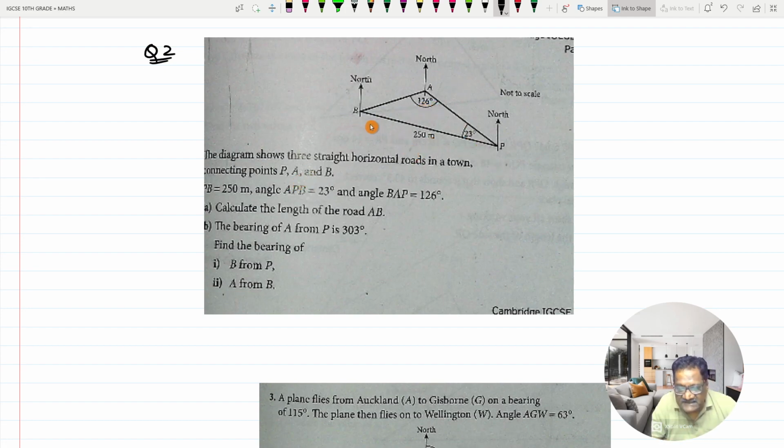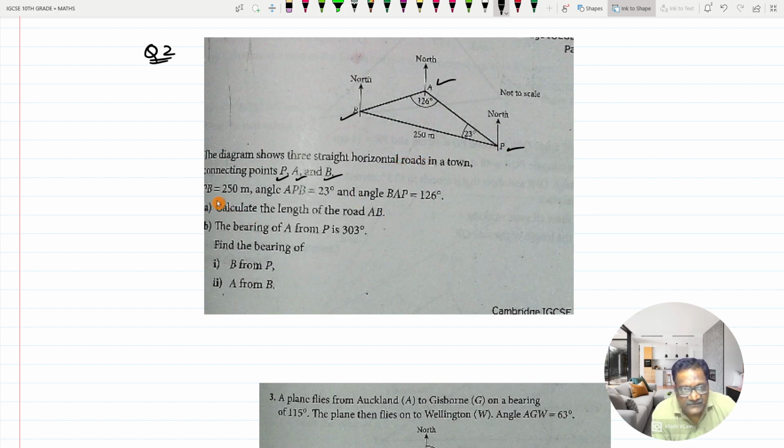It says that in the diagram there are three straight horizontal roads in a town, and they are connecting the towns P, A, and B. So can you say this is B, A, and this is P? So these are the three towns which are connected by the roads AB, BP, and AP, right?